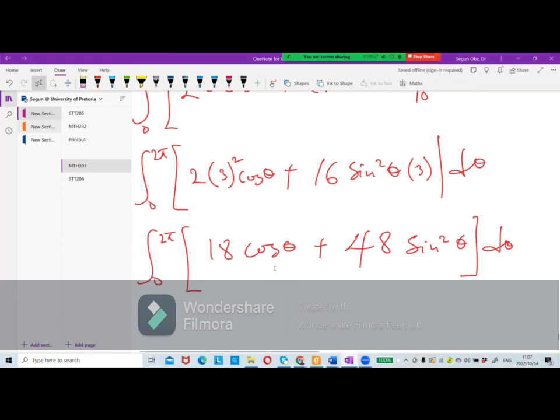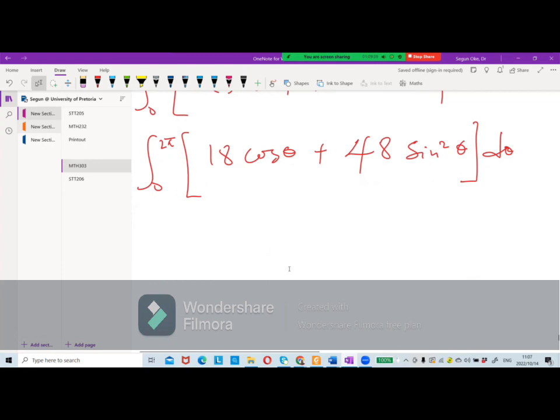If something is common to them, what is common? If I factorize 18... no, it's 6. 18 is not common, because can 18 go into 48?